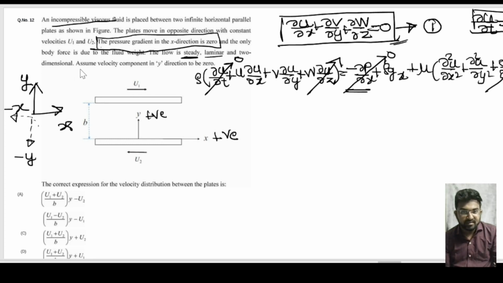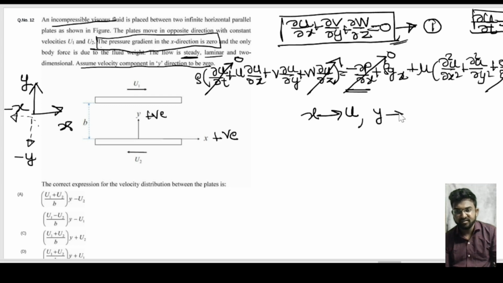Next, the last sentence says to assume the velocity component in the y direction to be 0. The velocity component in the x direction is u, the velocity component in the y direction is v, and the velocity component in the z direction is w.